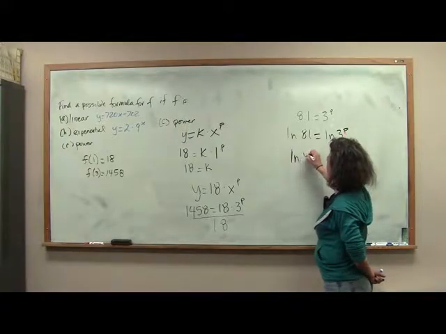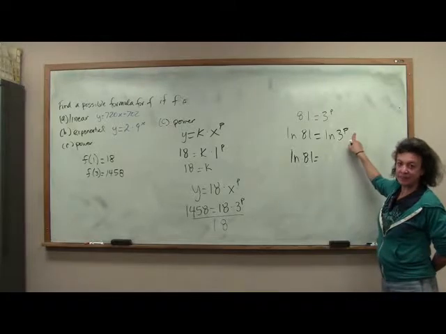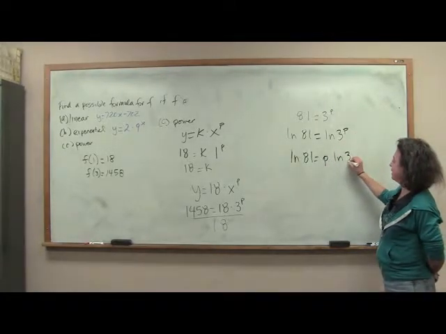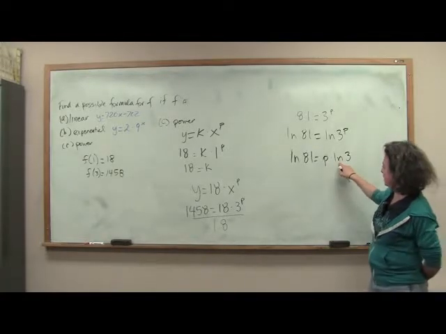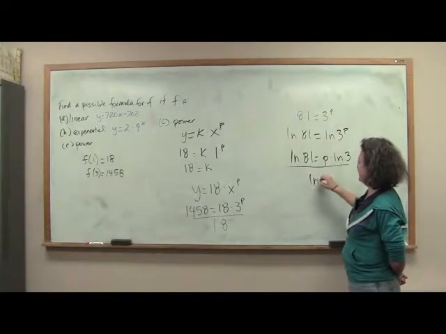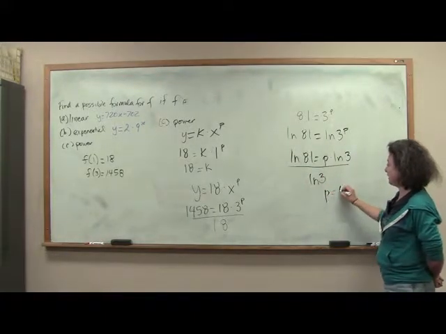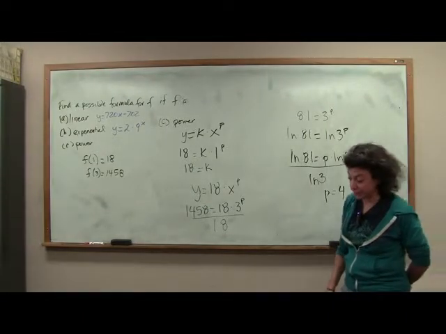You might ask, wait a minute, why do we do that? Again, because when you have the log of something raised to a power, you can bring your exponent down in front. Now, to get p all by its lonesome, we'll divide both sides by the natural log of 3. And you will see that the natural log of 81 divided by the natural log of 3 is equal to 4.